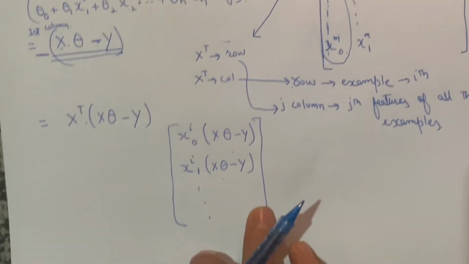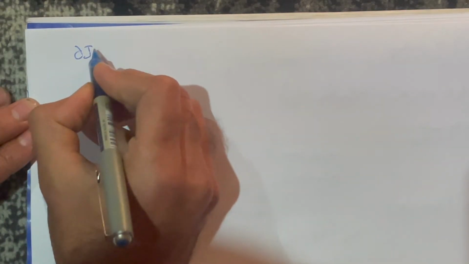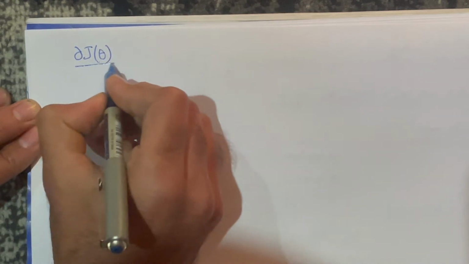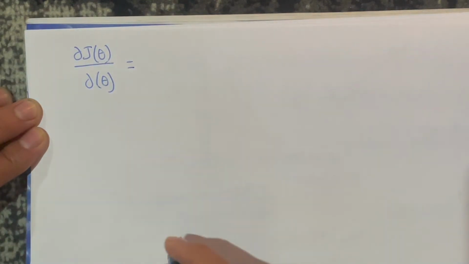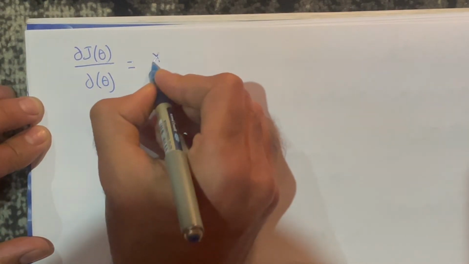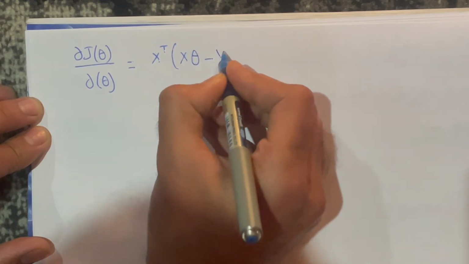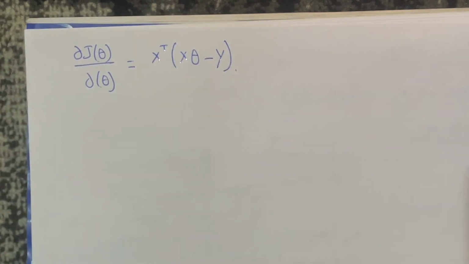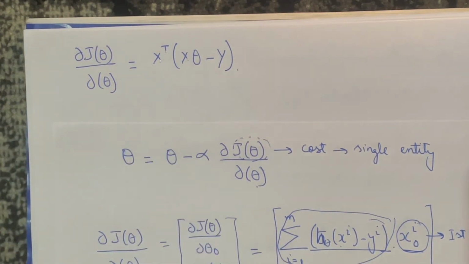So this means that the differentiation of j of theta with respect to theta, in matrix format, is equal to x transpose into x theta minus y. You can also see it from here, for example, if you want to cross check whether I am correct or not.